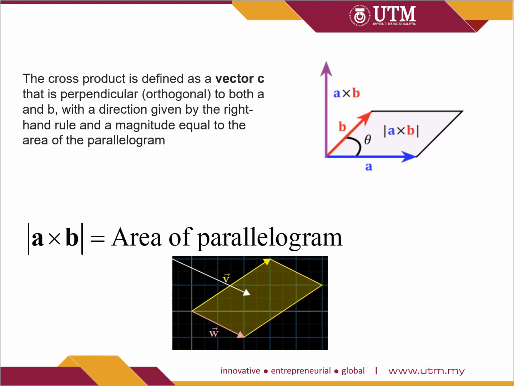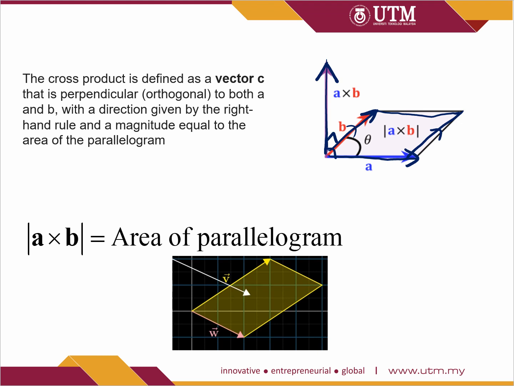From this cross product, we know that we use the right hand rule. Given vector A and vector B, we can obtain a vector that is 90 degrees from these vectors. This magnitude is called the area of the parallelogram.